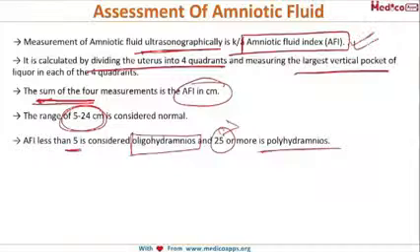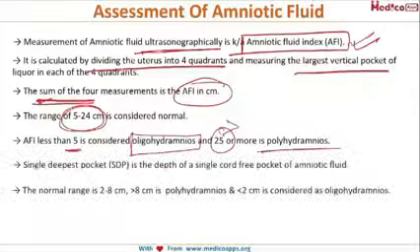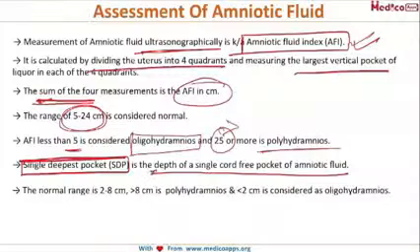Now, this amniotic fluid index is accurate in cases of singleton pregnancy to measure the amount of fluid, but in cases of twin pregnancy, this amniotic fluid index is slightly deceptive. So, the other parameter that we use is the single deepest pocket or SDP, and it is the depth of the single cord free pocket of the amniotic fluid.